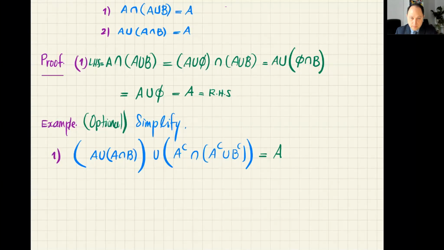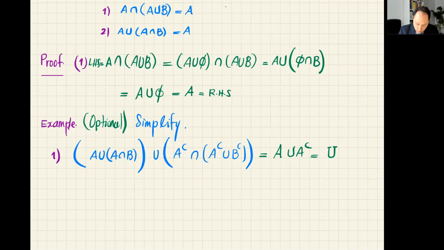It's A complement. Yes, this is very important to realize. I have intersection, I have union, but one set is repeating itself in this combination. According to the absorption law, the whole expression is the repeated set, which is A complement. And then I have union, and this is A complement, so this becomes A complement union A, and we know that this is just the universal set.